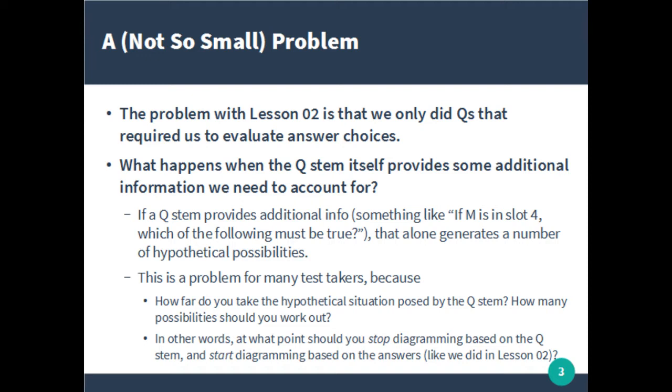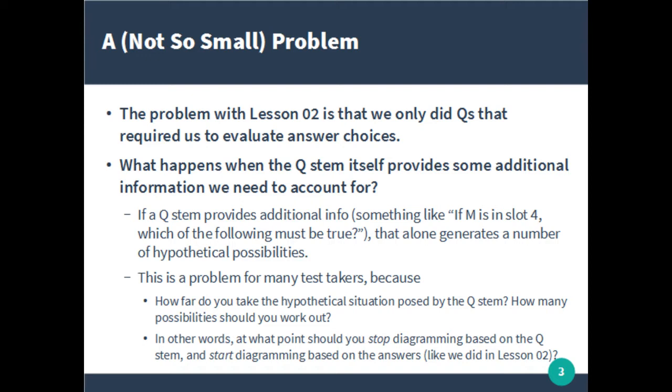You can't just go straight to the answer choices and begin plugging them in to see if they fulfill one of the could be true, must be false, or could be false conditions on these questions. This is a very important thing because there is a very solid mix. I never really did a count, but I would be surprised if the majority of questions don't provide some additional information. So this is a pretty big gap left by Lesson 2.